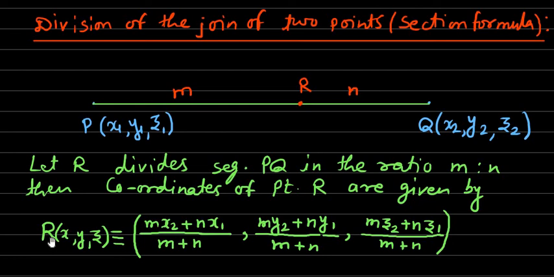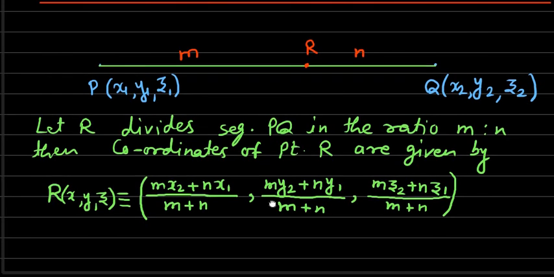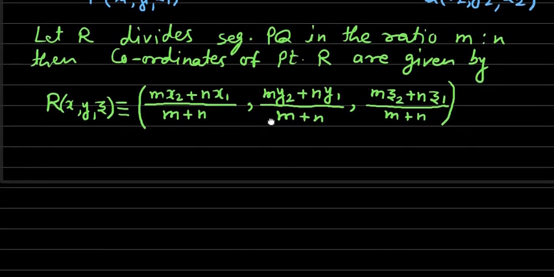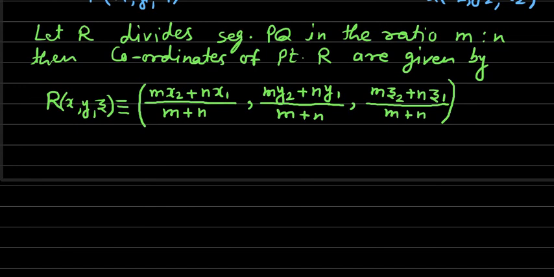The coordinates of R will be 1 into x2 plus 1 into x1, which is simply x2 plus x1 upon 1 plus 1, that is 2, and similar changes occur for the y and z coordinates also. That is important, and many times we are going to use the midpoint formula, so we will mention it here.